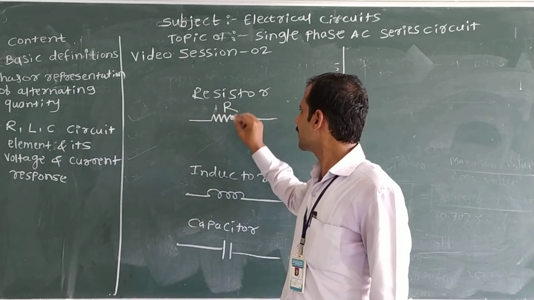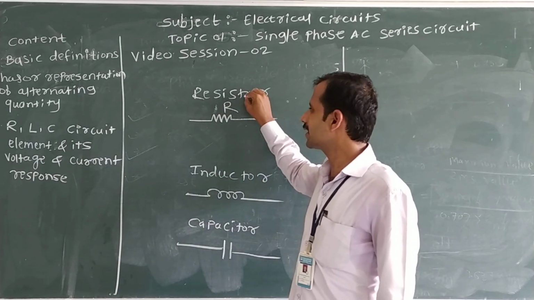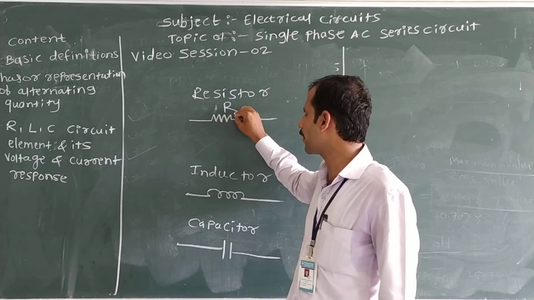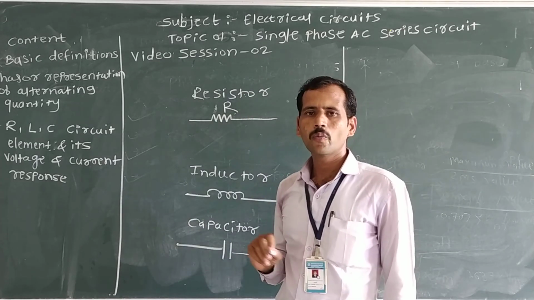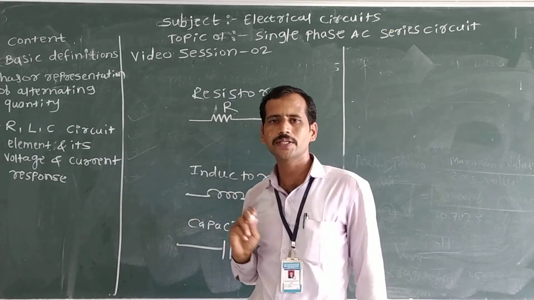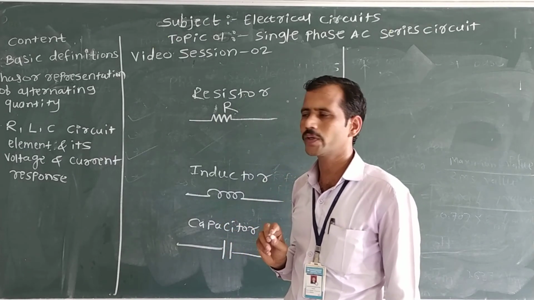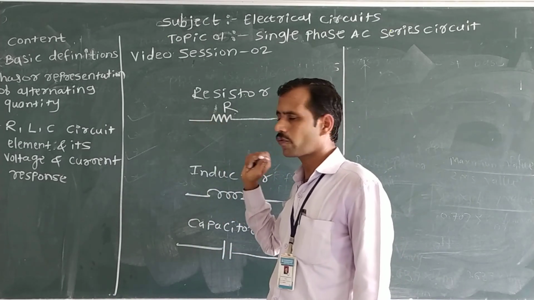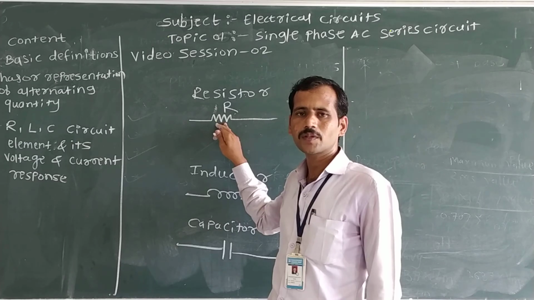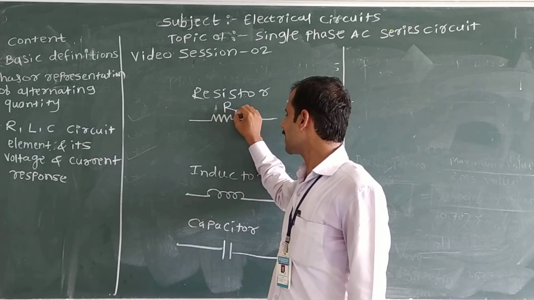Next we will see resistance R. Resistance R is a property of the resistor. The resistor is a device. Resistance is the property of the resistor which opposes the current flowing through it.